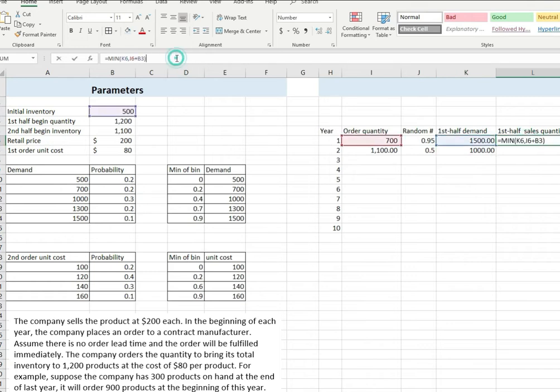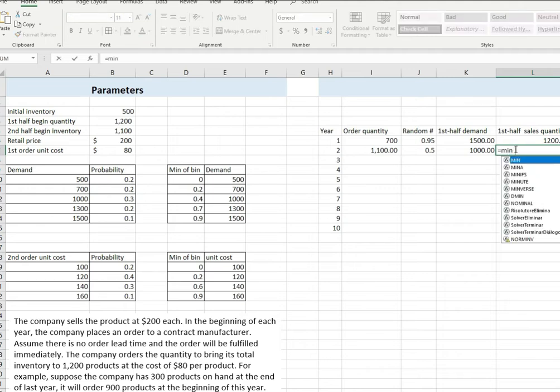What about sales quantity? Let's check out the formula. Sales quantity is the smaller of your demand versus your available inventory. Here in year one, available inventory includes your initial inventory, which is not the case now. So we cannot really recycle it. Okay, so we need to type it.